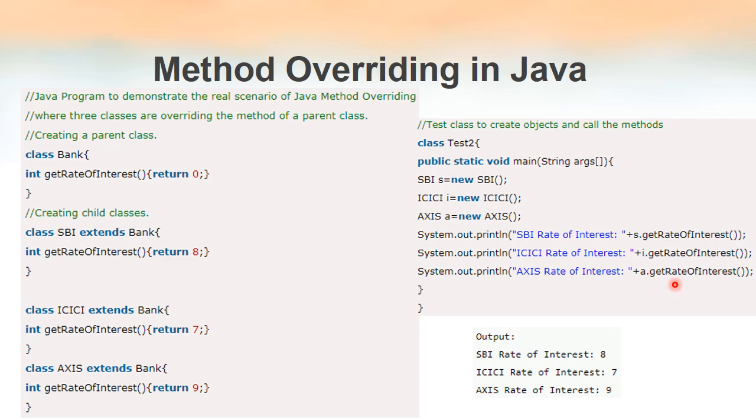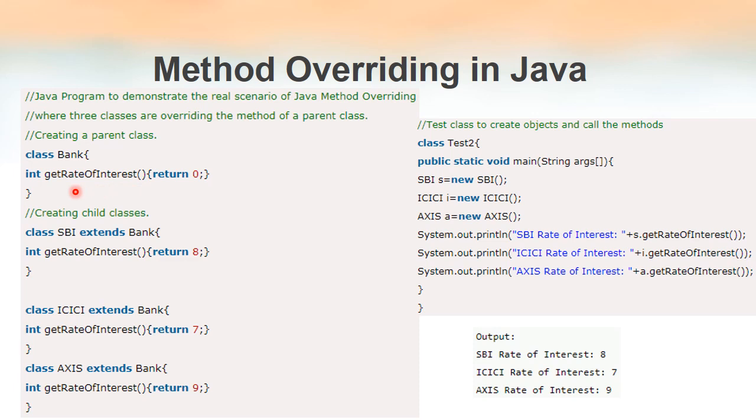But that is not the case, right? All these three banks are having different rates of interest. So that is what we mean by separate individual implementation of the method provided already by the parent class. This method getRateOfInterest is already provided by the parent class Bank, but we need a specific individual implementation of that method.